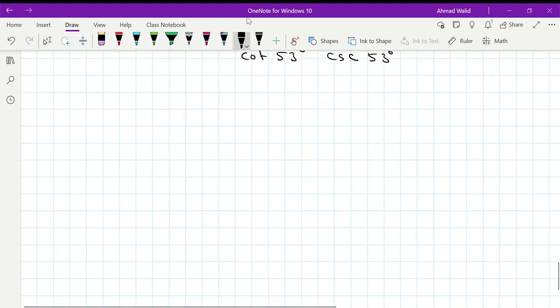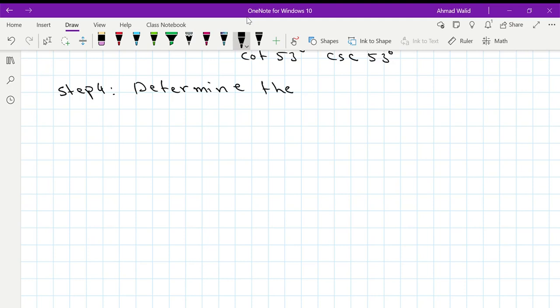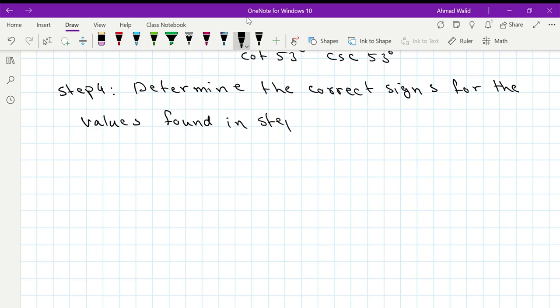Step number 4. Determine the correct signs for the values found in step 3.